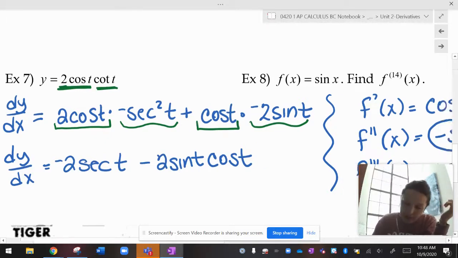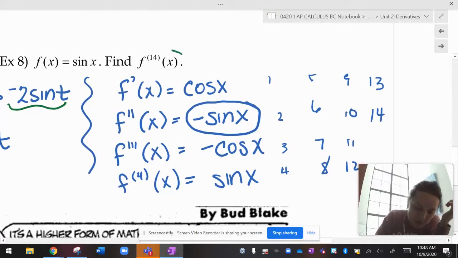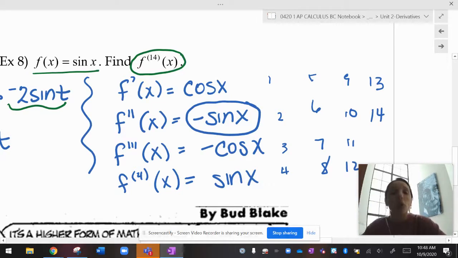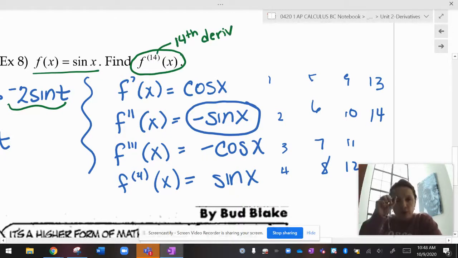And then last but not least, number 8 says find f 14 of x when f of x is sine x. When you see what looks like an exponent, but it's in parentheses, that actually means the 14th derivative. This is a notation you haven't really seen before. Usually we use apostrophes in the beginning, and then once we get to 4, we start putting it in parentheses because nobody wants that many apostrophes. So if I start with sine x, the derivative is cosine x.